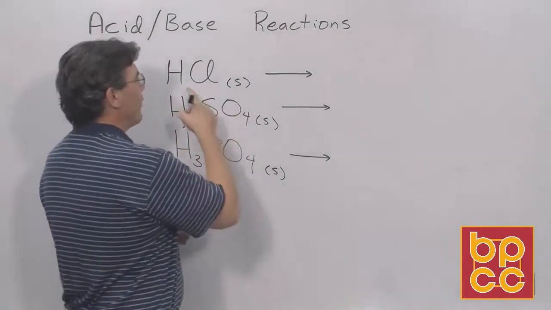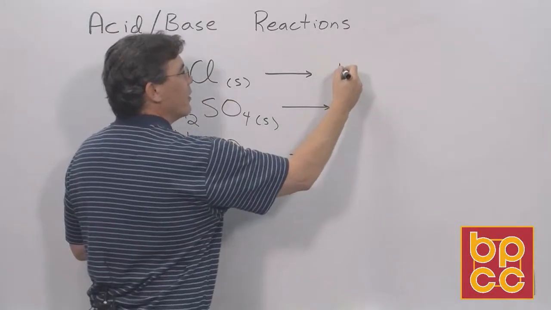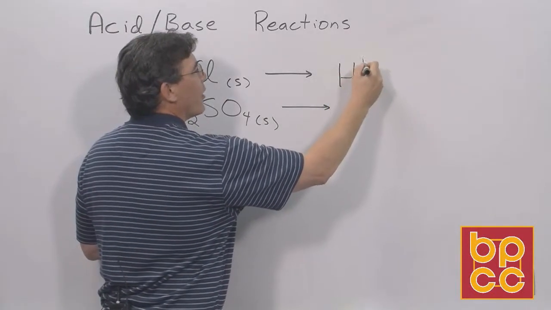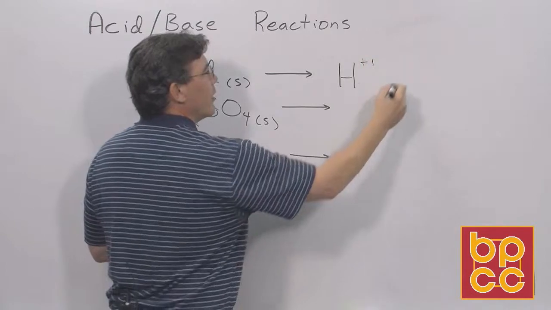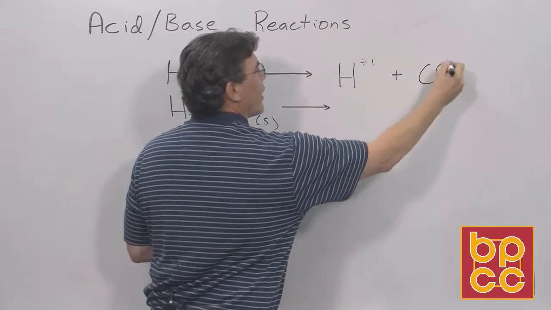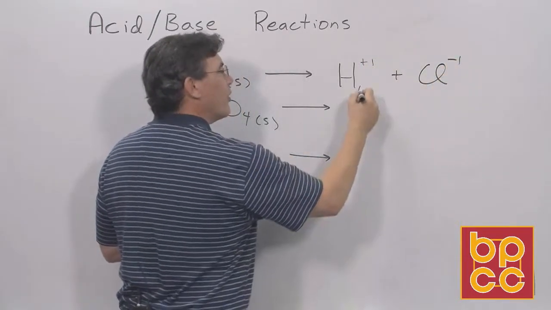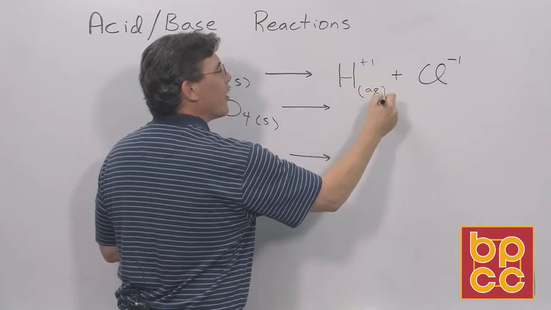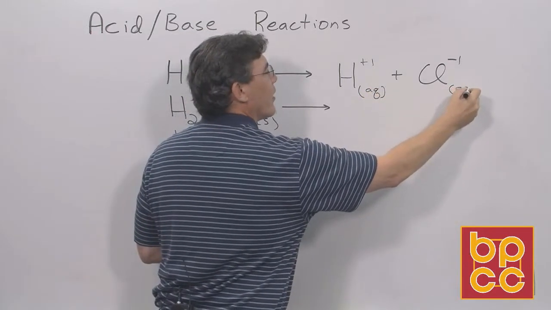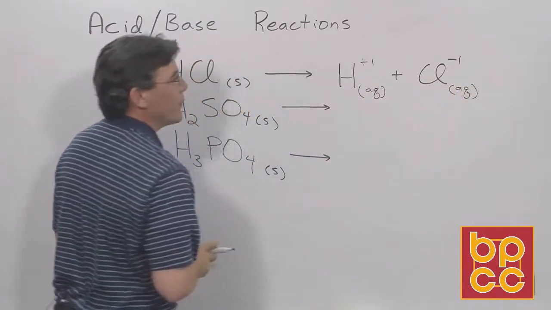So this first hydrochloric acid example will break apart into the H+1 ion and the chloride ion. And what we usually do is designate them now being dissolved in water with the two letters AQ for aqueous.